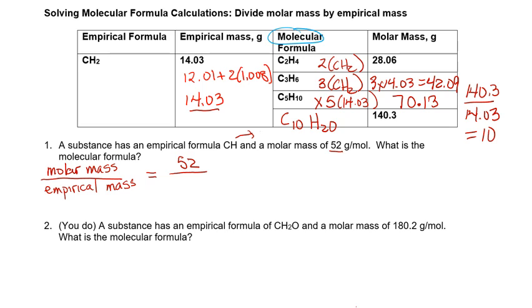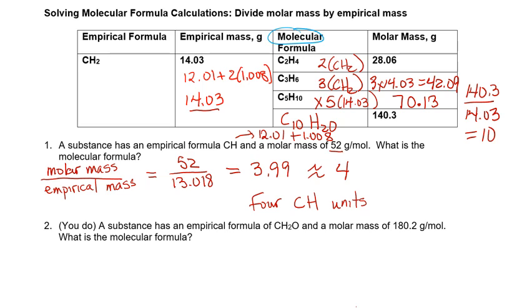And the mass of CH is 12.01 plus 1.008. And so that would be 13.018. And when we do that, we get 3.99, which really is 4, okay? So this means that we have 4 CH units.